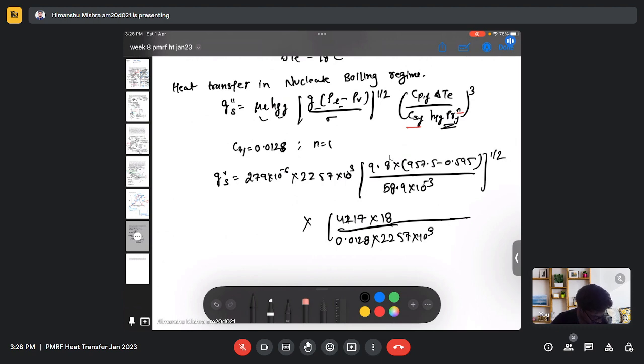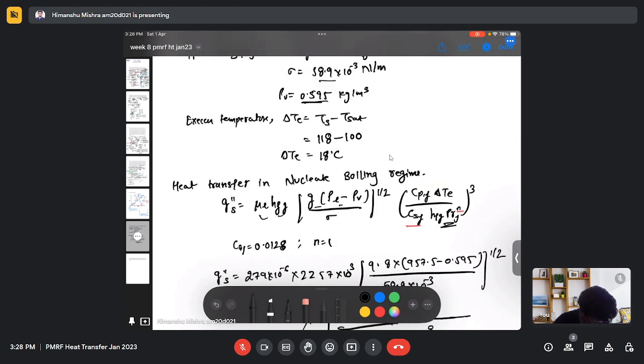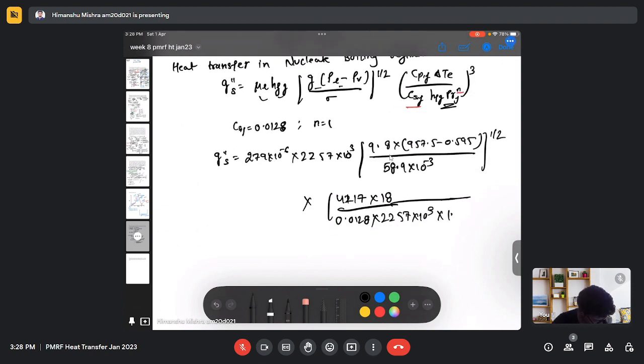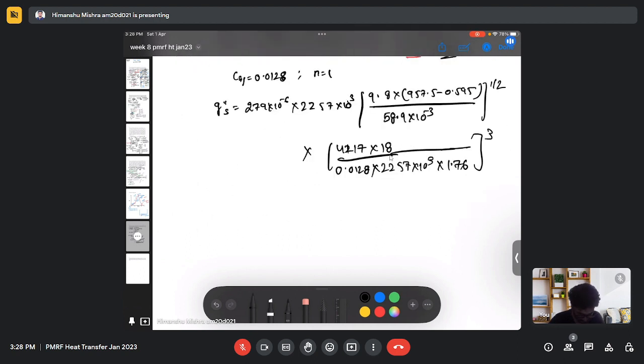And the Prandtl number is 1.76. So on calculating this, we will get the heat flux as 836 kilowatt per meter square.